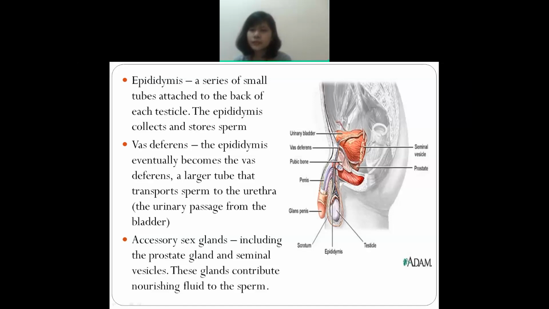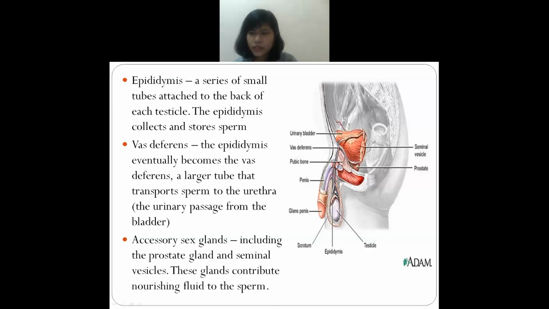Next is the vas deferens. What does it do? It transports the sperm into a larger tube.